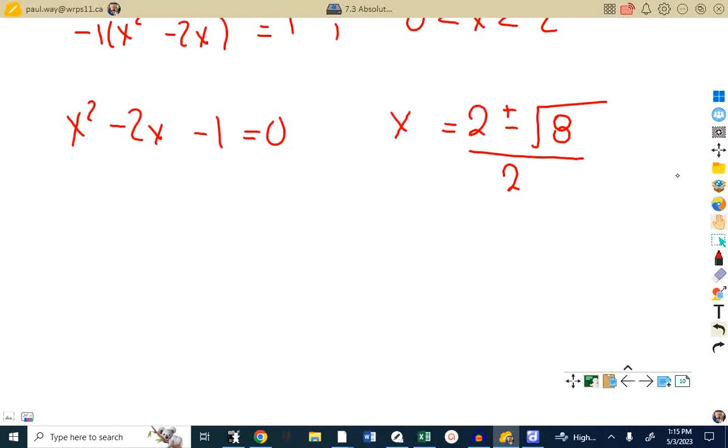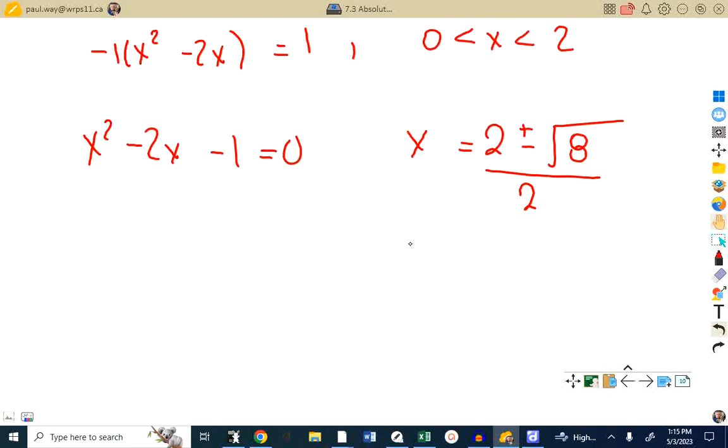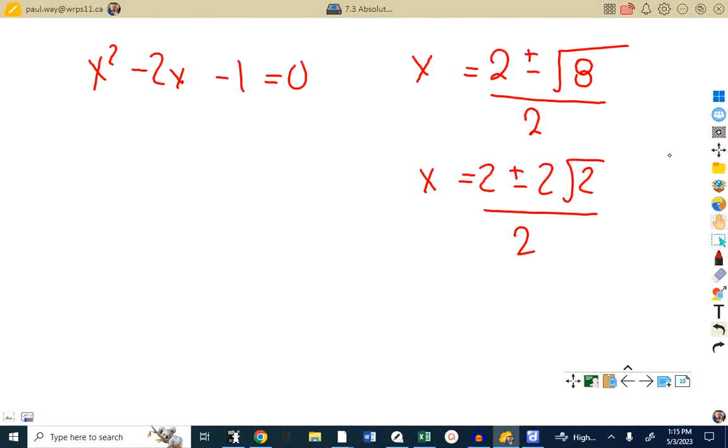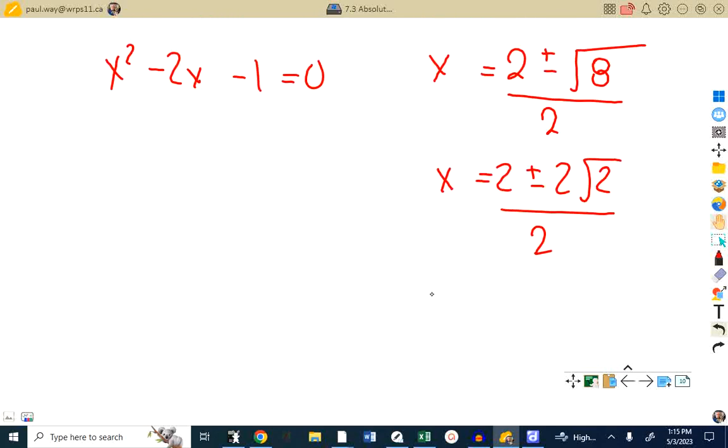Well, we also know that root 8 is 2 root 2 because 8 is 4 times 2. Root 8 is root 4 times root 2. Root 4 is 2. We also know that I can factor a 2 out of the numerator and get 2 times 1 plus or minus root 2 over 2.